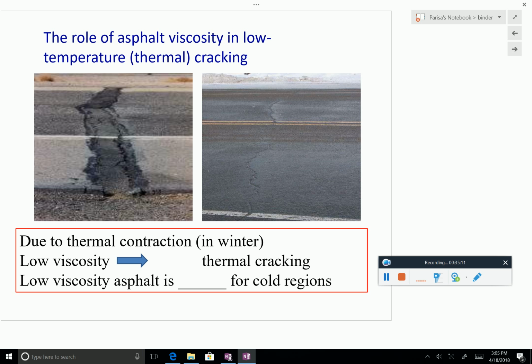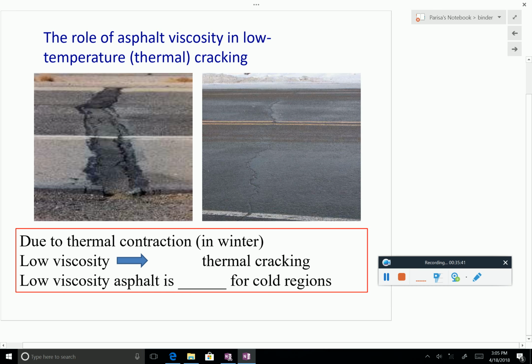So now, what type of material do we have to use? If we use low viscosity asphalt binder, what do we expect? Do things improve or get worse? If we use low viscosity material, do you think low temperature cracking becomes worse or better?